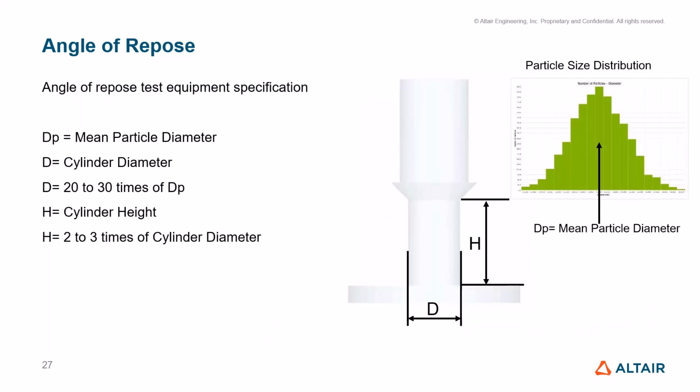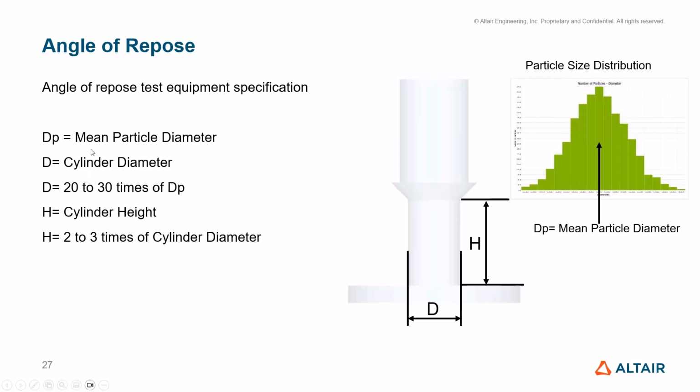So how do we perform a calibration test? The question always comes up, because generally we try to scale the particles, or for gravel the particle size is large. How can we construct equipment to perform a static angle of repose test? Here is the information.